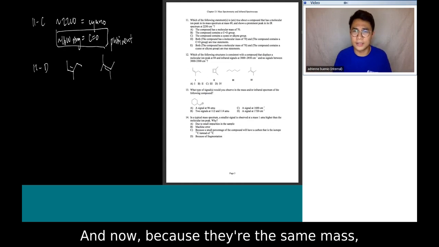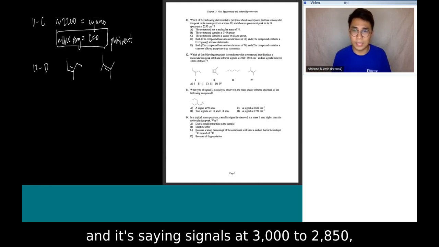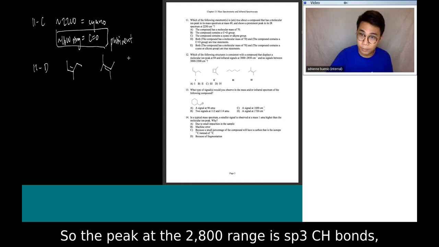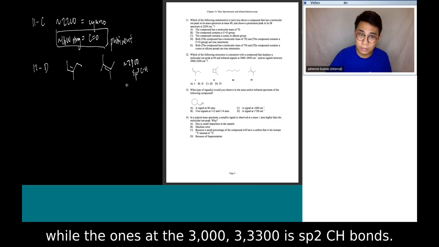And because they're the same mass, and it's saying signals at 3000 to 2850, but none at 3000 to 3300. The peaks in the 2800 range are sp3 CH bonds, while the ones at 3000 to 3300 are sp2 CH bonds, right?